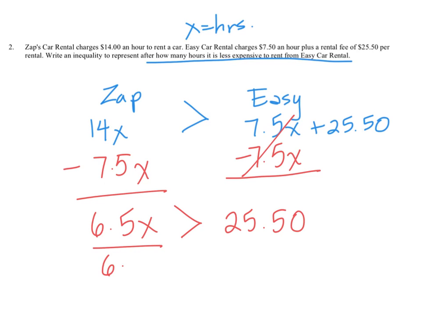If we divide by 6.5, x would be greater than approximately 3.92. So after approximately 4 hours, that's when Zapp is more expensive than Easy, or in other words, Easy Car Rental will be less expensive to rent from. Now you try question number 2 on your homework assignment.